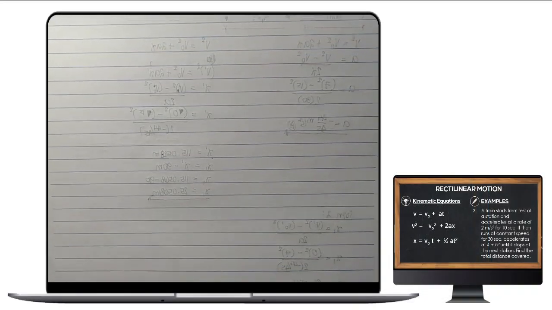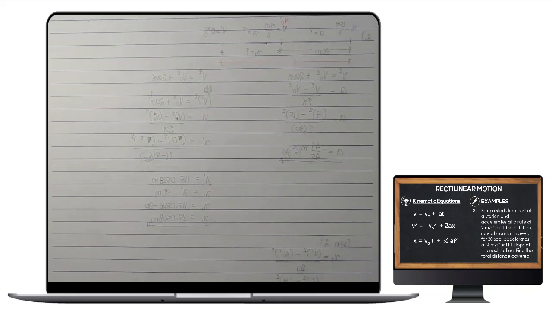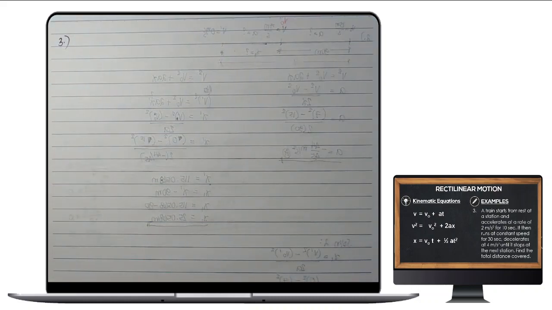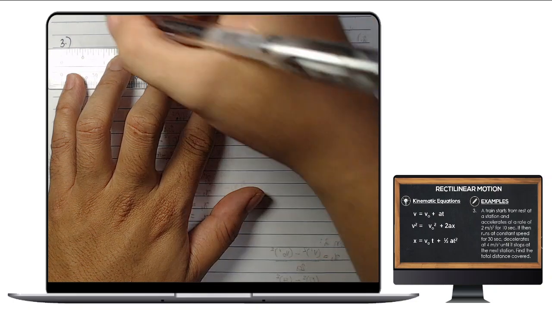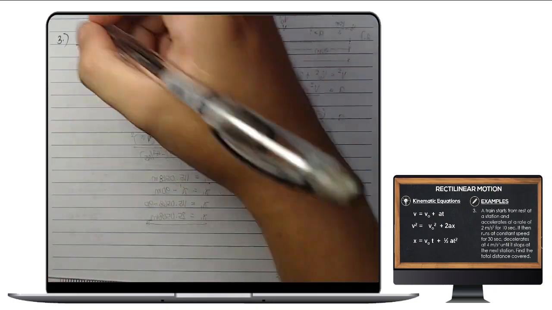Again, let's try to draw the figure of the problem. So for problem number 3, a train starts from rest.